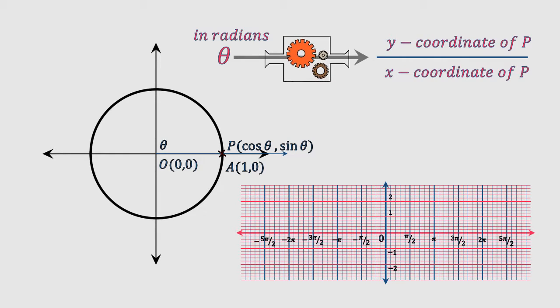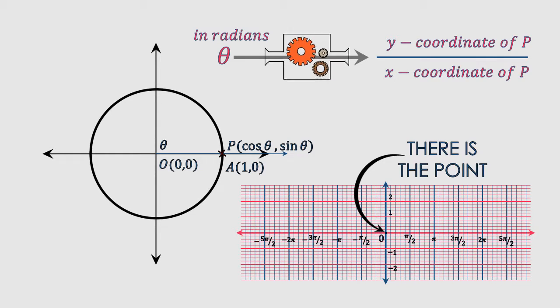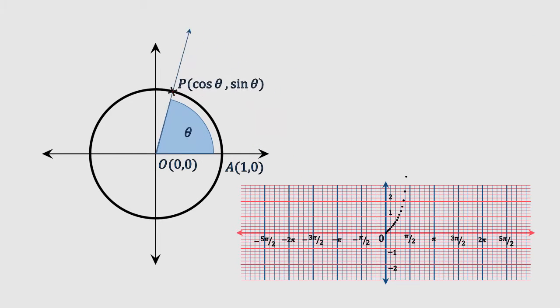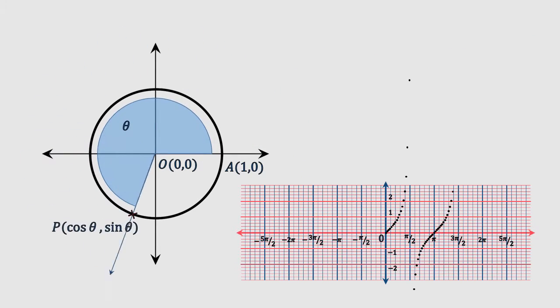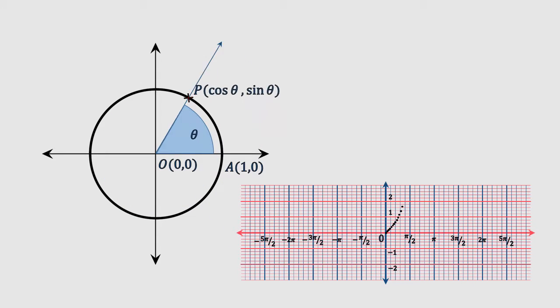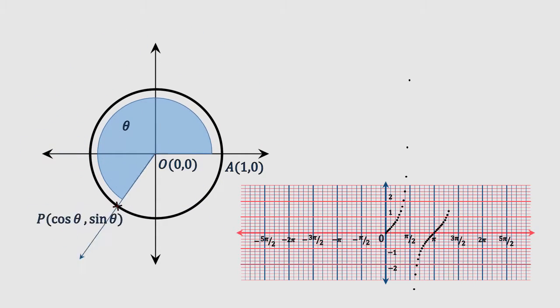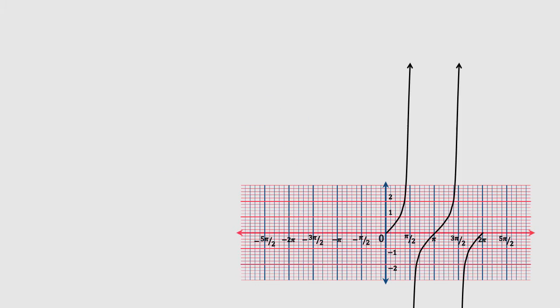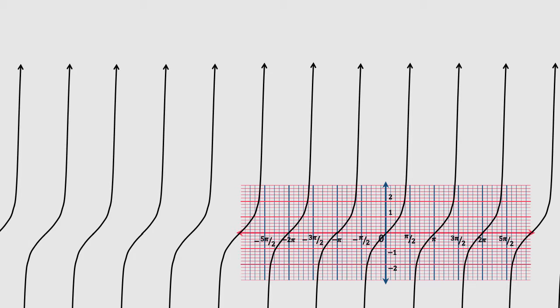Therefore, we look at the output, the ratio of the y-coordinate to the x-coordinate of the point P. As we rotate P about the unit circle, we get the graph of the tangent function between 0 and 2 pi. When revolving P more than 2 pi radians and on revolving it the other way round, we have the graph of the tangent function defined on a larger platform.